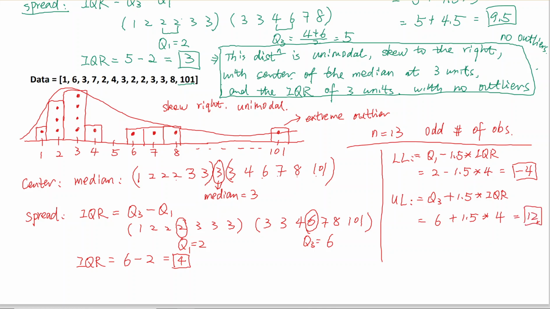So any value within this range will not be an outlier. That means these 6, 7, 8 will not be outliers, but this 101 is outside this range. That means the observation of 101 is an outlier, right?